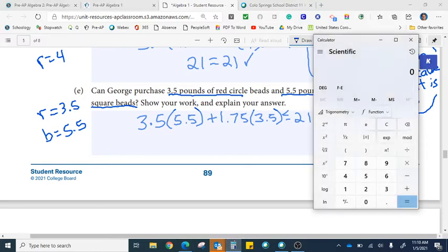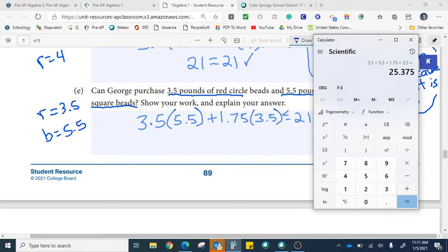So we clear what we have in there. So we say 3.5 times 5.5 plus, that gives me a subtotal right there, plus 1.75 times 3.5 equals.